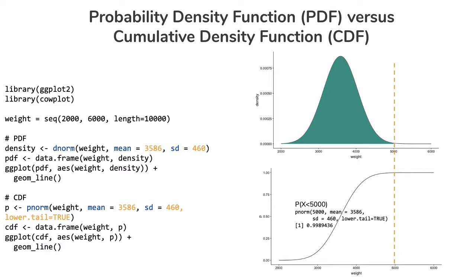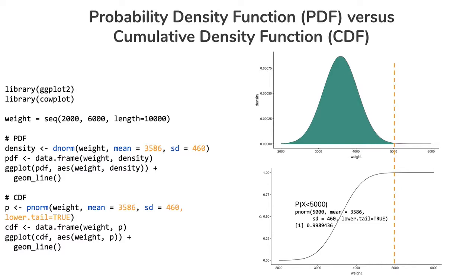And if we go all the way out to 5,000, we can see that the cumulative distribution function is saying that the probability of a birth weight being less than 5,000 grams is nearly 1. 99.89% of births are expected to be under 5,000 grams.